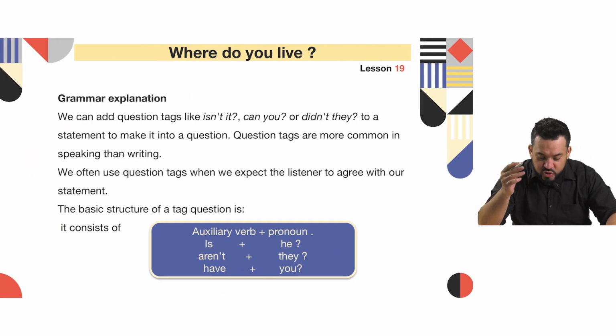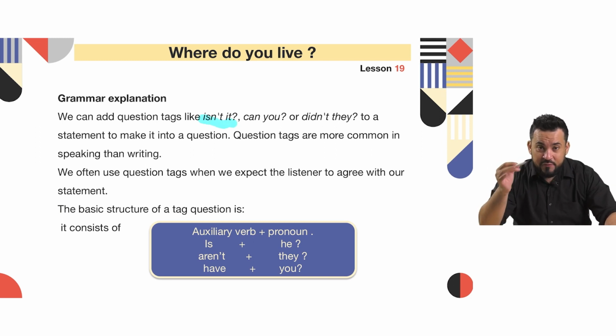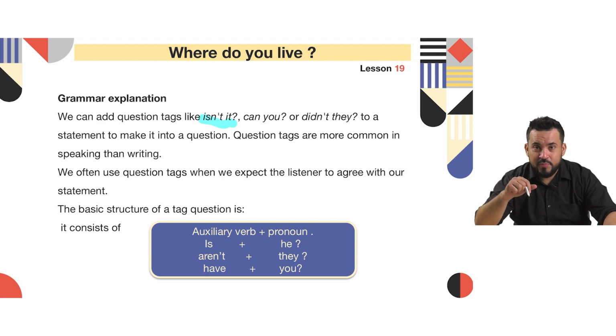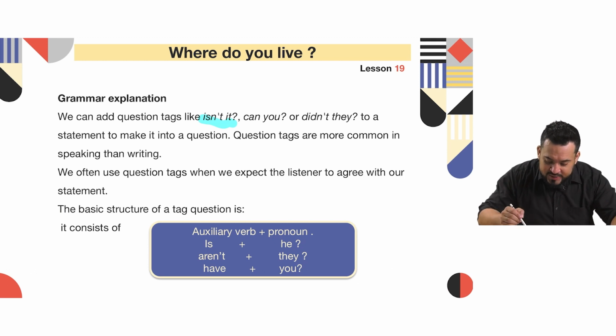Grammar explanation: we add a question tag like isn't it if the auxiliary in the sentence is is, okay? A lot of people make mistakes, but after today's lesson, you will not make these mistakes. Let's see. We often use question tags when we expect the listener to agree with our statement.